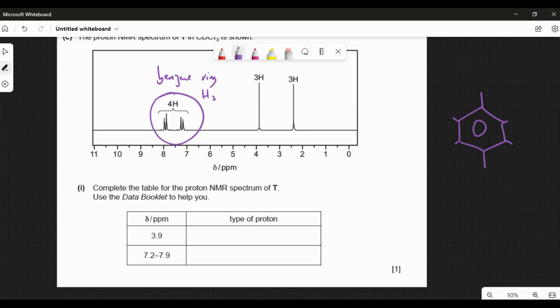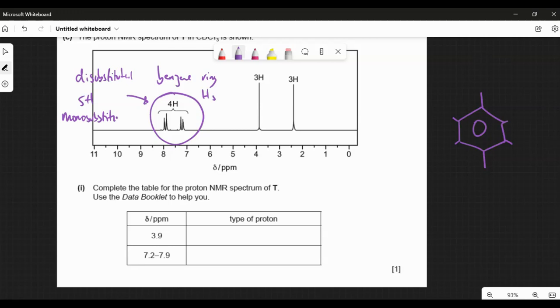Now, 4 hydrogens means the benzene ring must be disubstituted. In other words, there's 2 things on my benzene ring. If this had an integration of 5 hydrogens, it would mean it's monosubstituted.